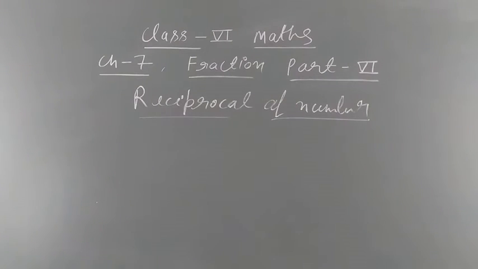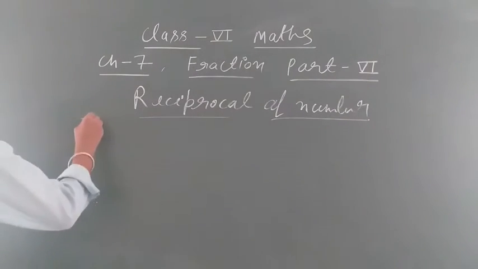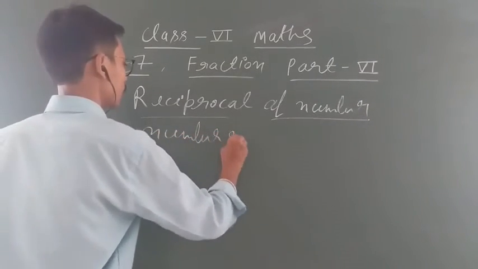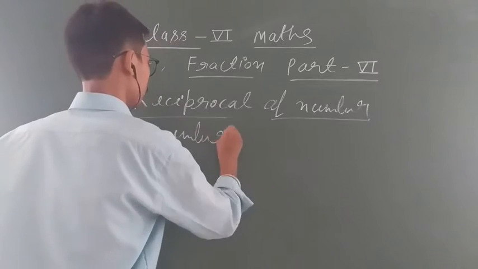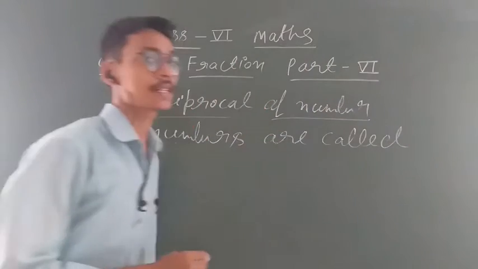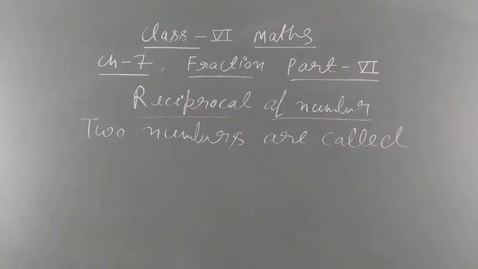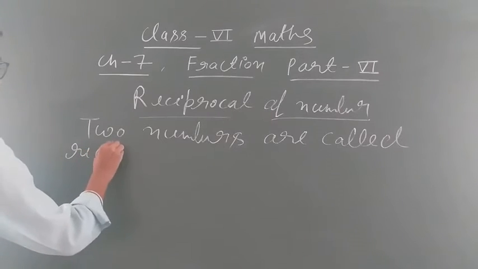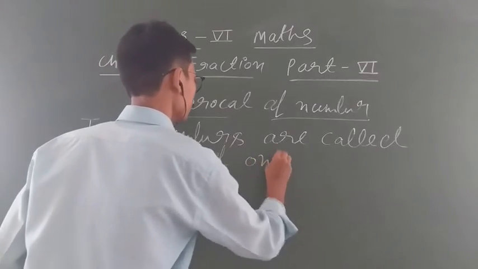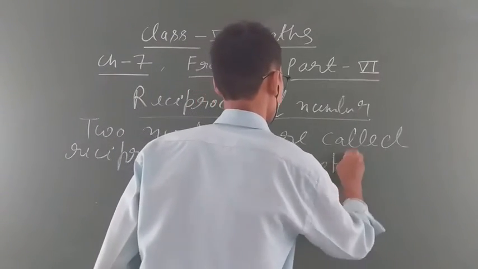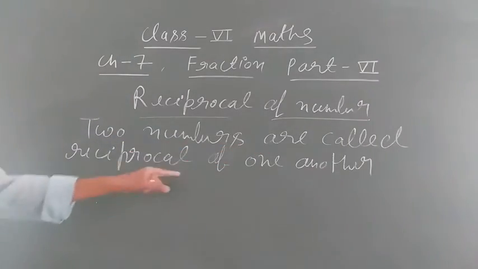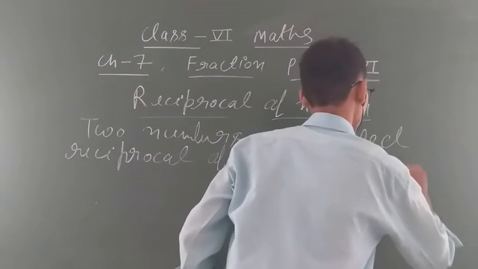So now I will give the example. See, two numbers are called reciprocal of one another. See student, the definition is very important. Two numbers are called reciprocal of one another if, what?